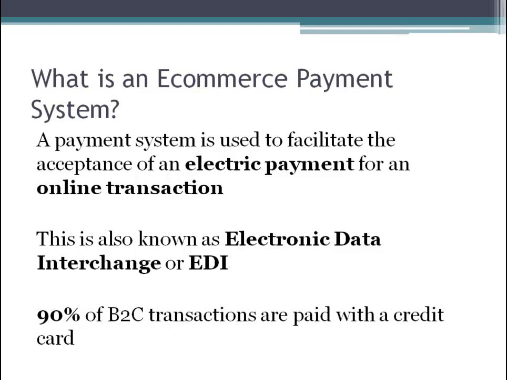So all these systems that I'll be showing you are ultimately the user paying with a credit card. There are some systems that have options like bank transfer or wire transfer, but I'm not going to get into that, just because credit card is usually the main method of payment on any e-commerce website.